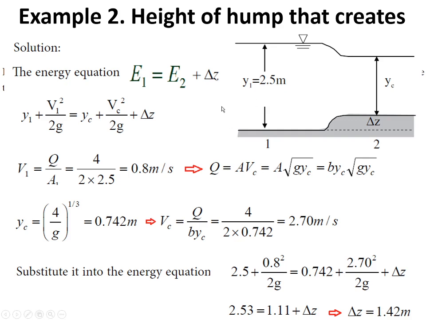In fact, we can explain this problem in this way. If we have a discharge of 4 cubic meters per second coming in this canal with a depth of 2.5 meter, and if we put a hump here with a height of 1.42, the flow depth will decrease to 0.74 meter, which is exactly the critical depth above the hump, so we will see critical flow in section 2.